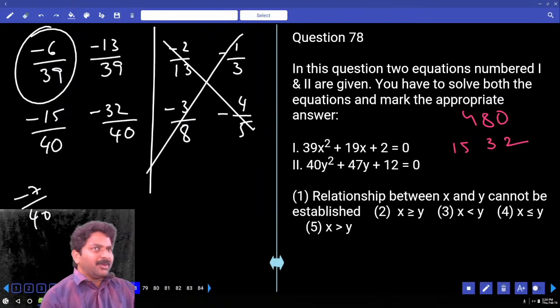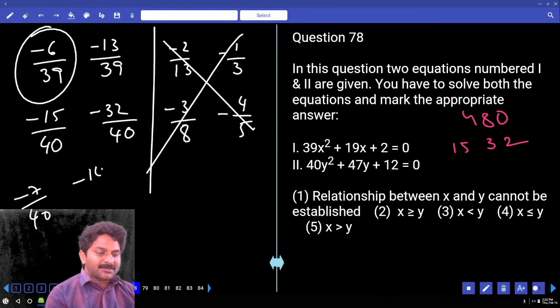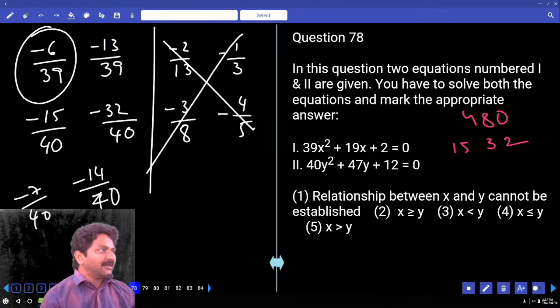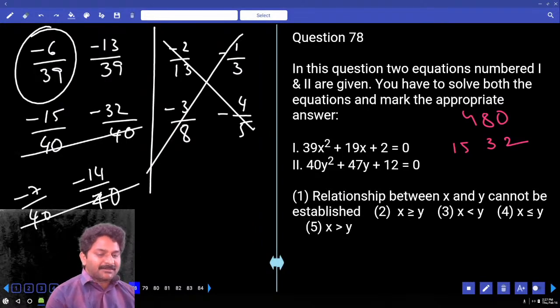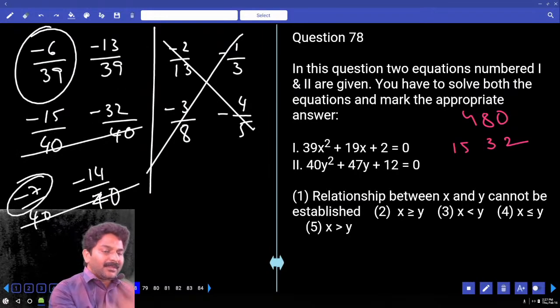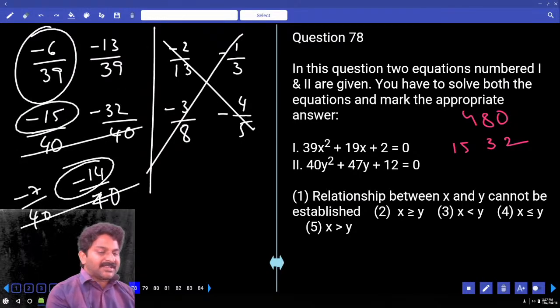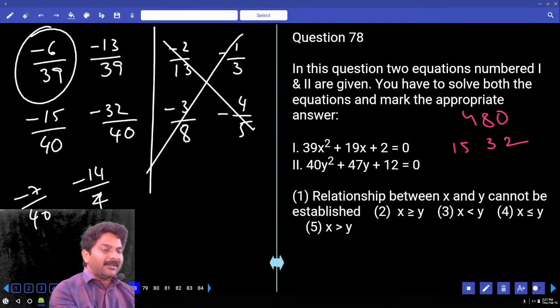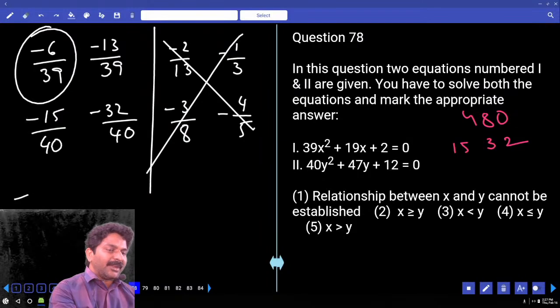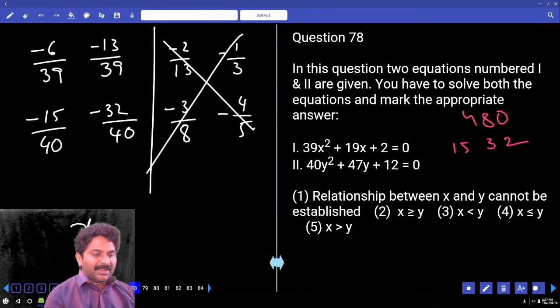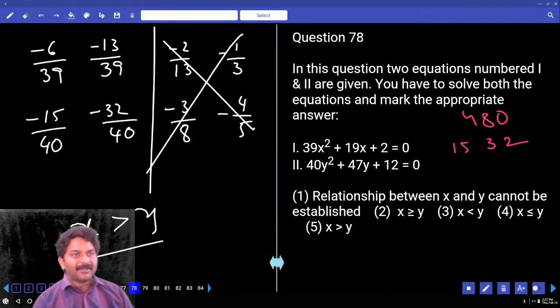Need to increase numerator and denominator a little bit more. The other also becomes minus 14 by 40. Yes. They are almost same denominators. Now if you consider these numbers, x is greater than y only. Other case also x is greater than y. Because denominators are close enough numbers and in the numerator we have huge difference, we can clearly say x is greater than y.